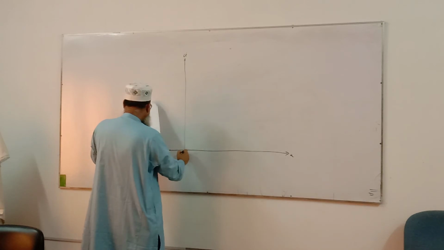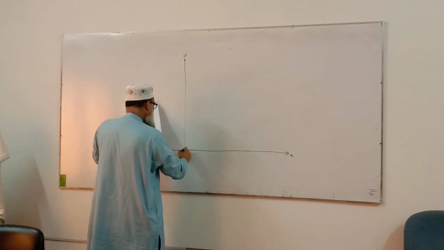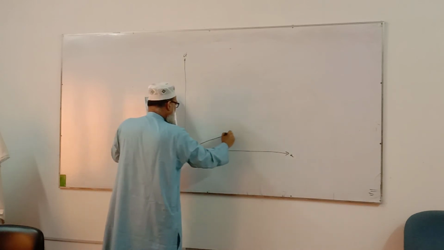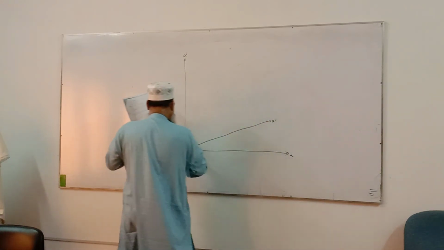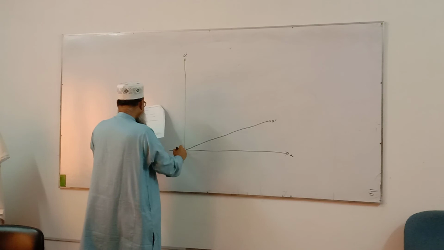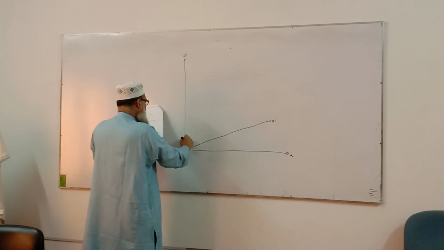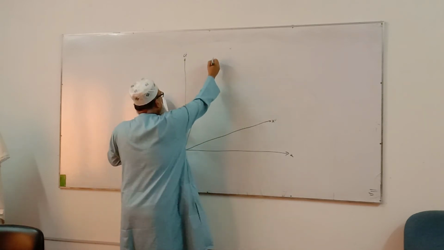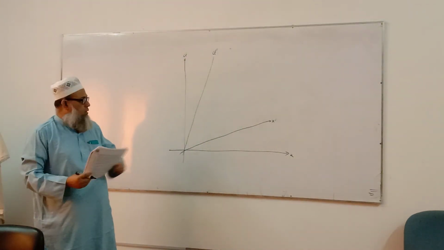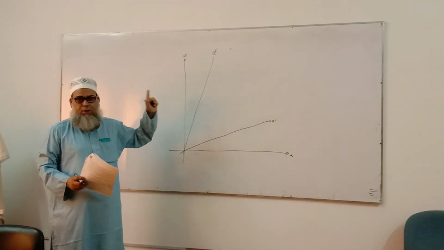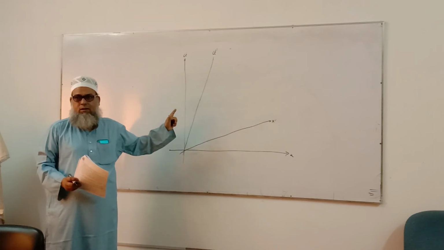Then draw this. This is x prime. And this is ct prime. The two frames are depicted in a single diagram.